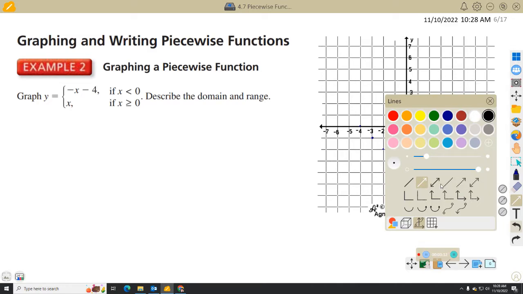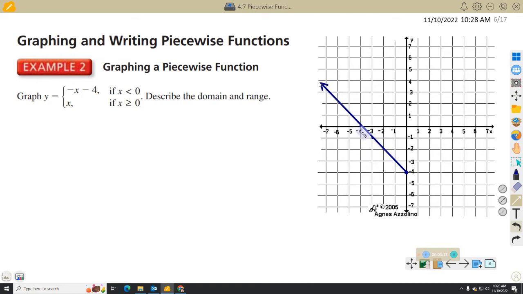Let me get a good line here. Okay, but the thing about this is, let me try to fix this here. This is for x is less than 0, not equal to 0. So this is not going to include where x is 0, so this is going to be an open circle over here.